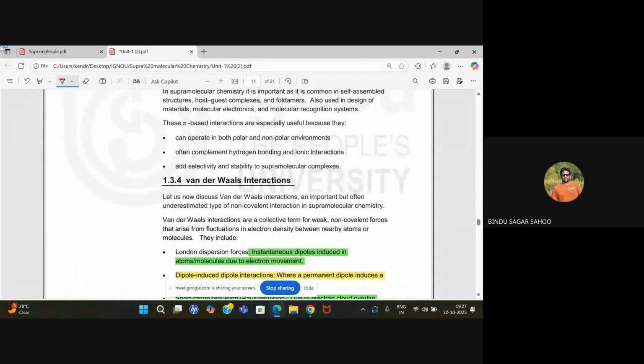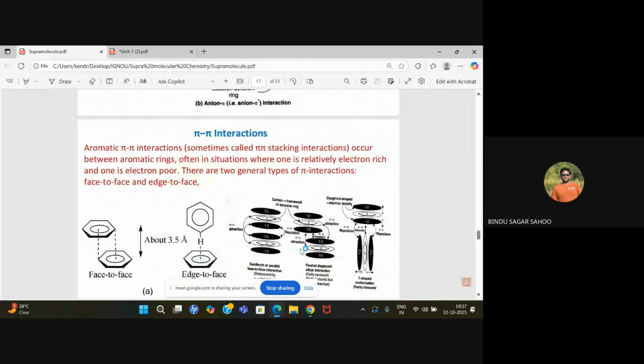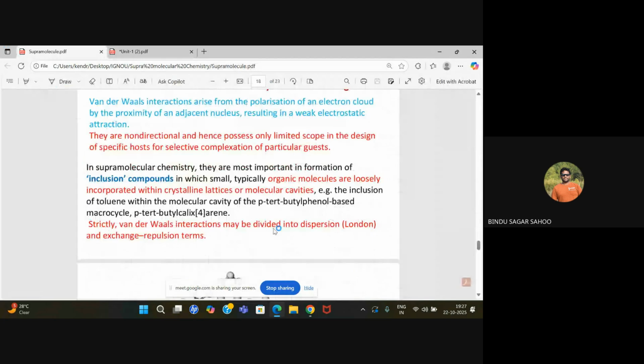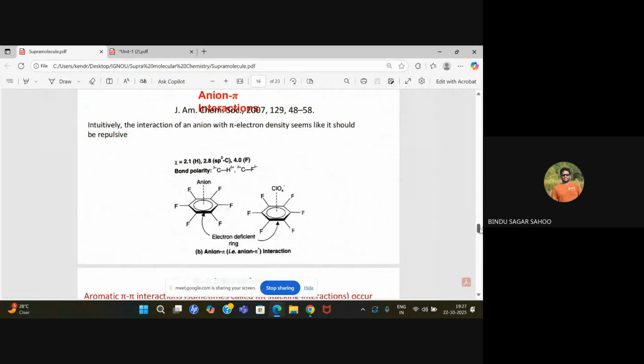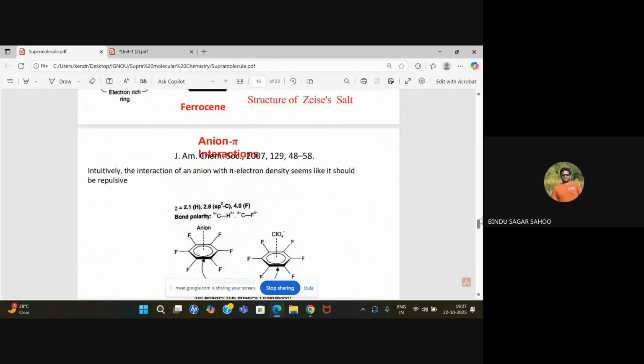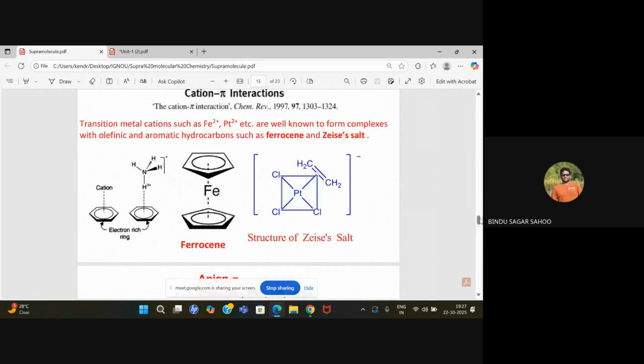So you can see the structures here. Here is the anion-pi interaction. This is the cation-pi interaction.